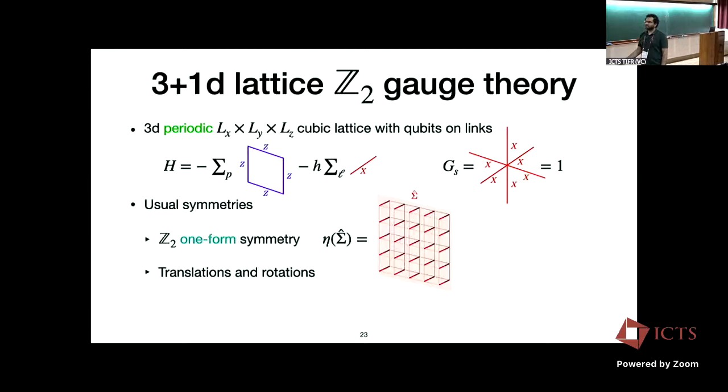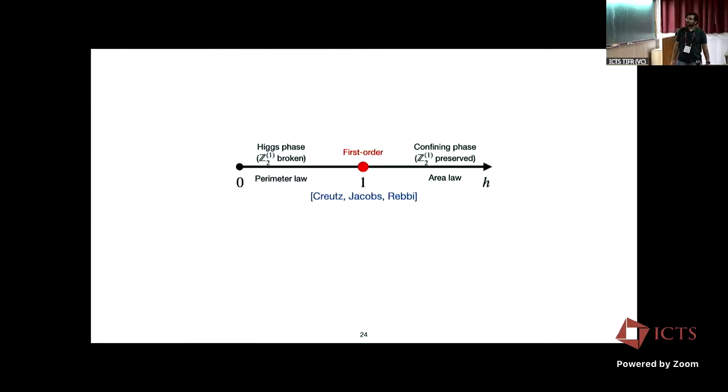This model again has some standard symmetries that everyone should know. Like there's a Z2 1-form symmetry generated by these operators. So the product of X on all the links that pierce a dual surface. That's a 1-form symmetry. And it also is invariant under translations and rotations. Now this model is not exactly solvable. We don't know how to solve it, but people have done numerics and we understand the phase diagram.